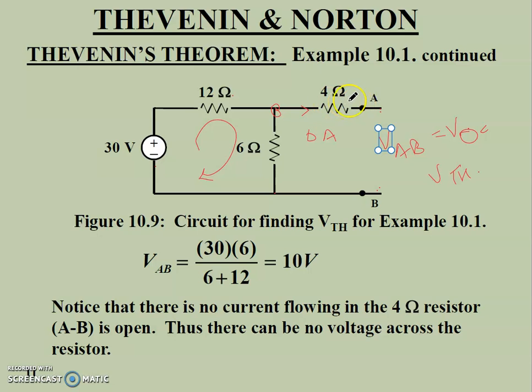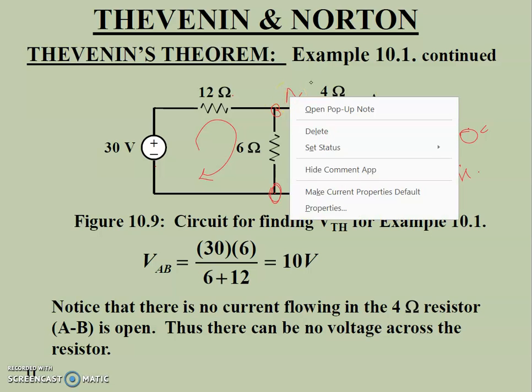Voltage drop can be calculated by V equals I times R, and here the current is 0 ampere. So it will be the same terminal, because there is no voltage drop at this point, and the voltage across AB will be the same.